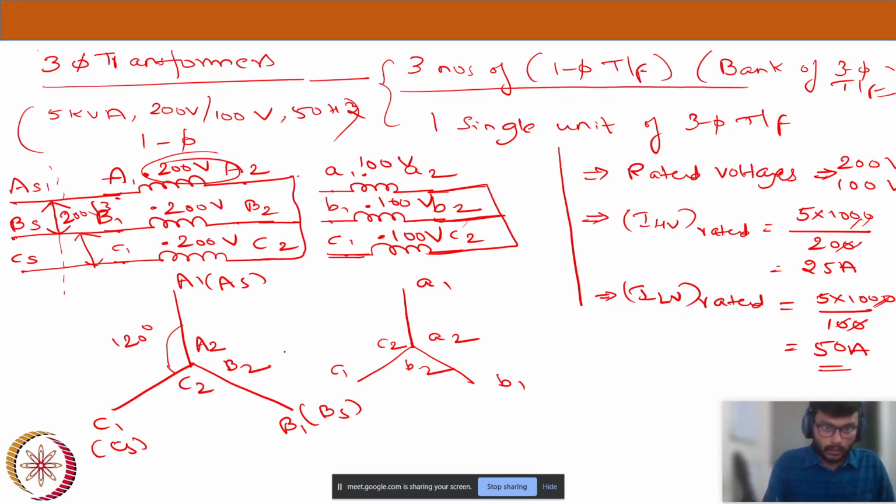Now one more point. I have applied 200 root 3 at my supply side, that is the line to line voltage, so that my phase voltage would be 200.